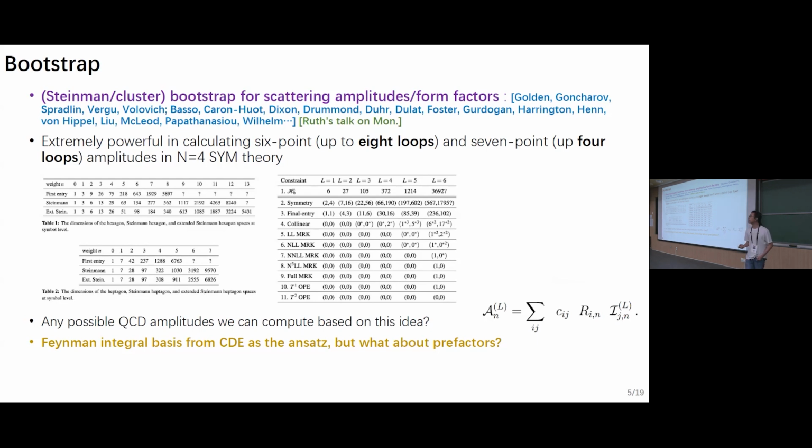But as I said, this information is not enough for you to really do the bootstrap, because we have very non-trivial kinematic prefactors for the QCD amplitude, and this kind of QCD prefactor is also one kind of input you have to consider. And finally, write down this kind of ansatz, and here the Cij are the rational coefficients you need to fix. So my second concern is we have to get more understanding about what kind of kinematic prefactor a QCD amplitude can have.